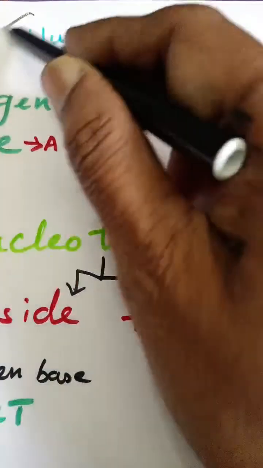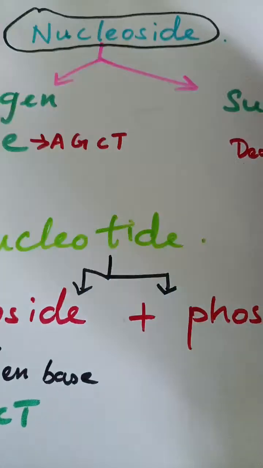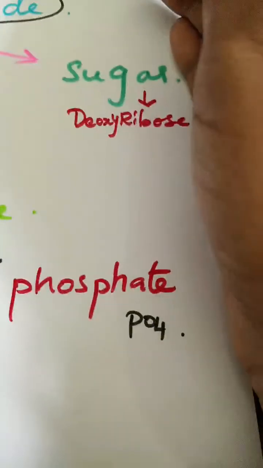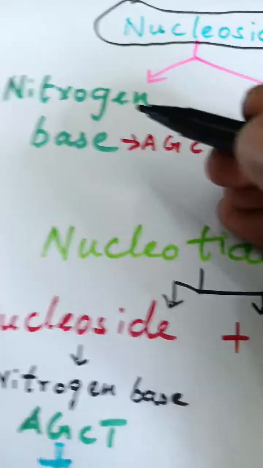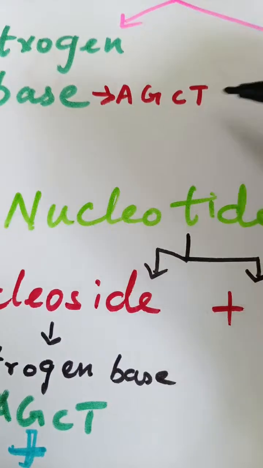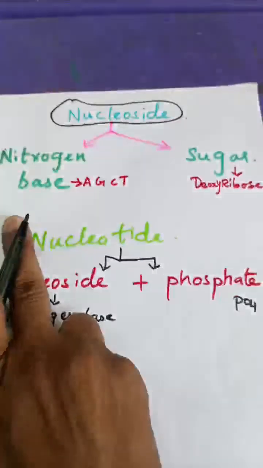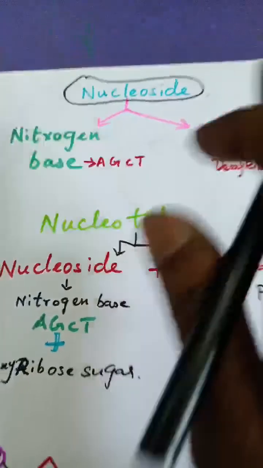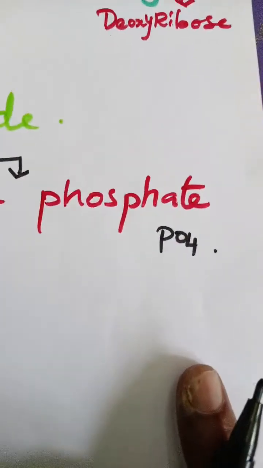So this is the nucleoside. This nucleoside will form first, that is a sugar molecule will come and form a link between the nitrogenous base, that is adenine, guanine, cytosine, and thymine, and then these two, nitrogenous base and sugar, will again form a bond with the phosphate group.